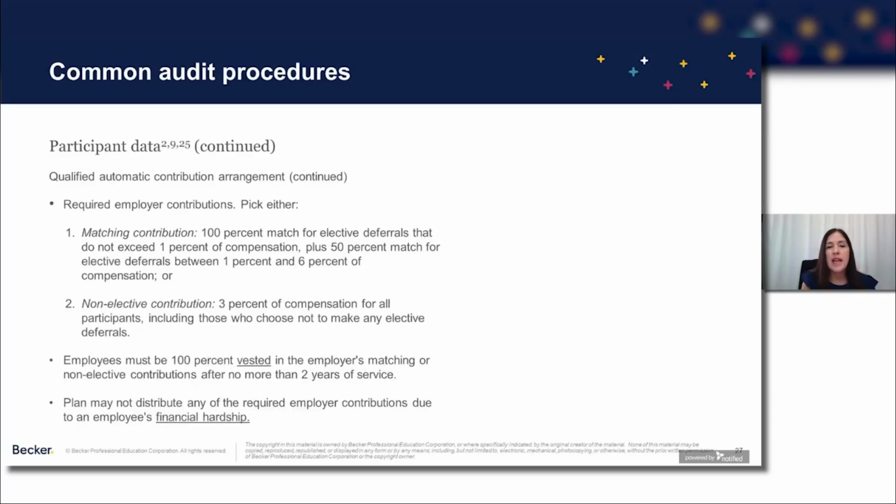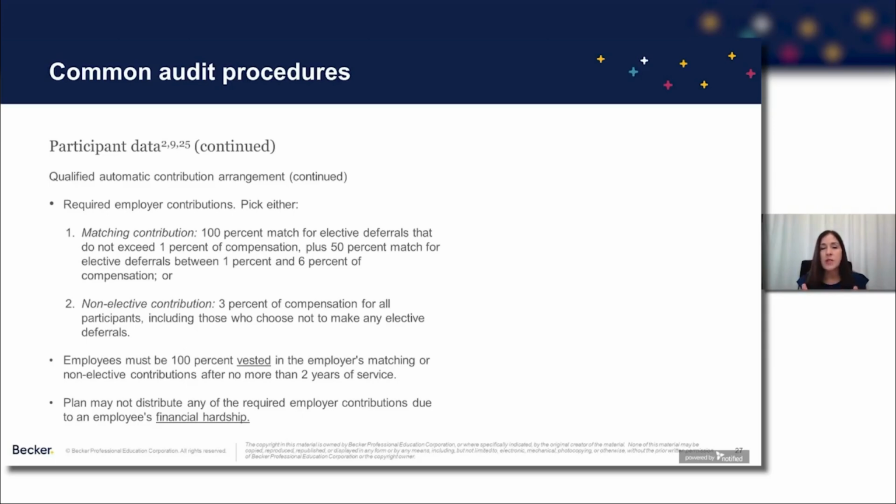Now, with that safe harbor provision under the QACA that requires the employer contribution, the employer does have a choice as to what type of contribution they want to make. The first option is a matching contribution, where it's 100% match for elective deferrals that do not exceed 1% of compensation, plus 50% match of elective deferrals between 1 and 6% of compensation.